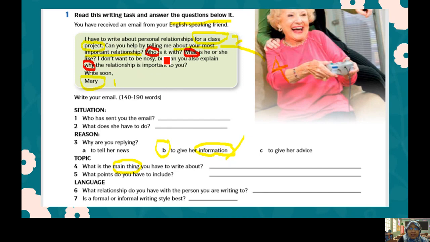So the correct answer is here: friend. She is your friend. You write down here: she is my friend.